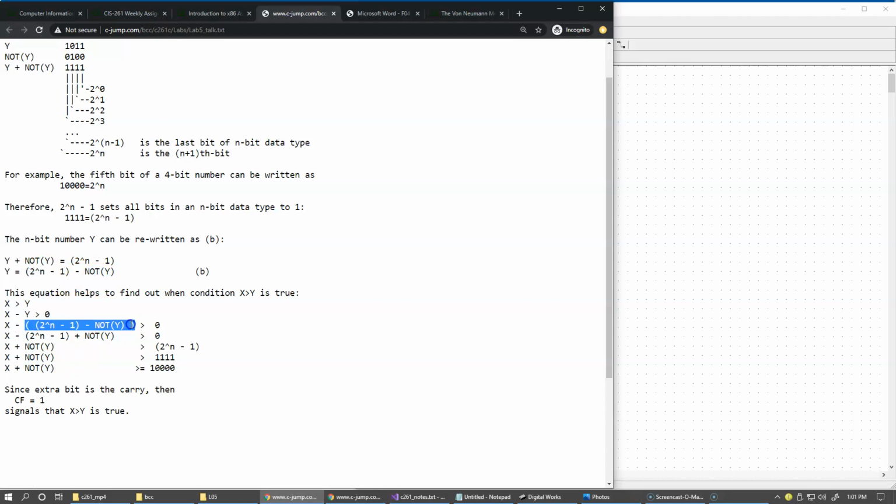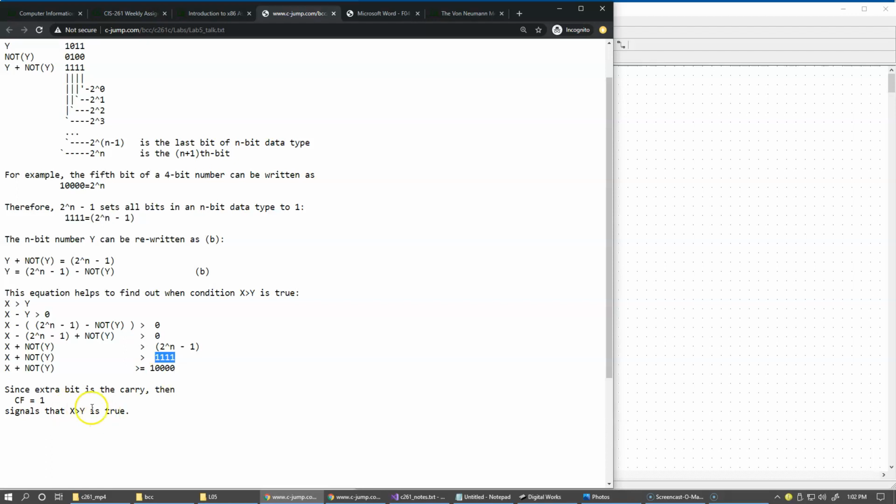So x minus this, then we open the parentheses, we simplify this notation, and now we can say x plus not y should be greater than, if we move to the right-hand side, 2 raised to the nth power minus 1. We can transition to this equation, and then we can say that x plus not y is greater than this value, which we already know should be all ones in the binary number.